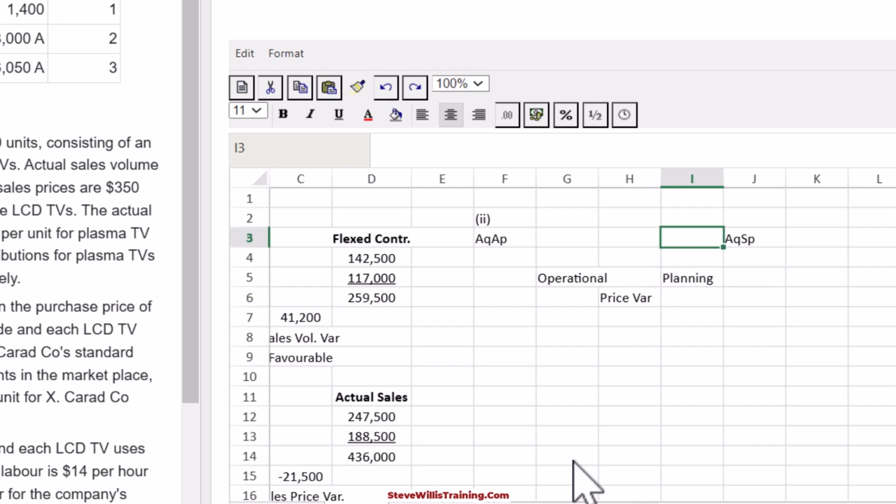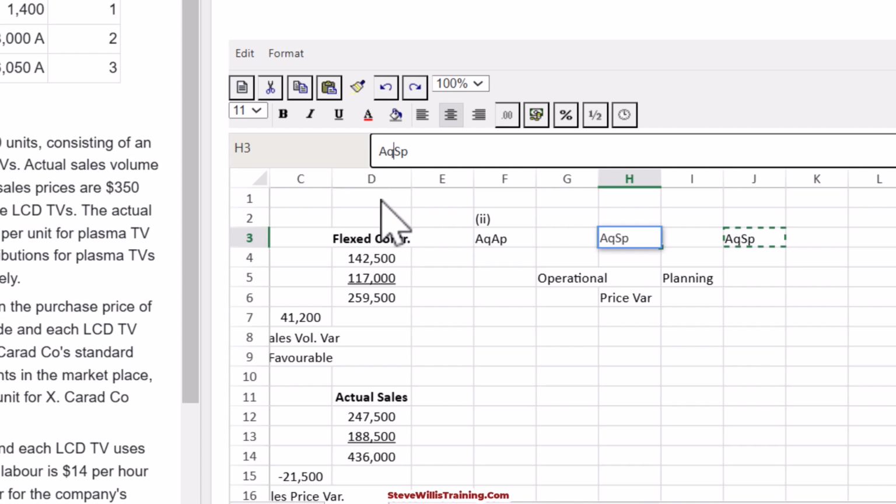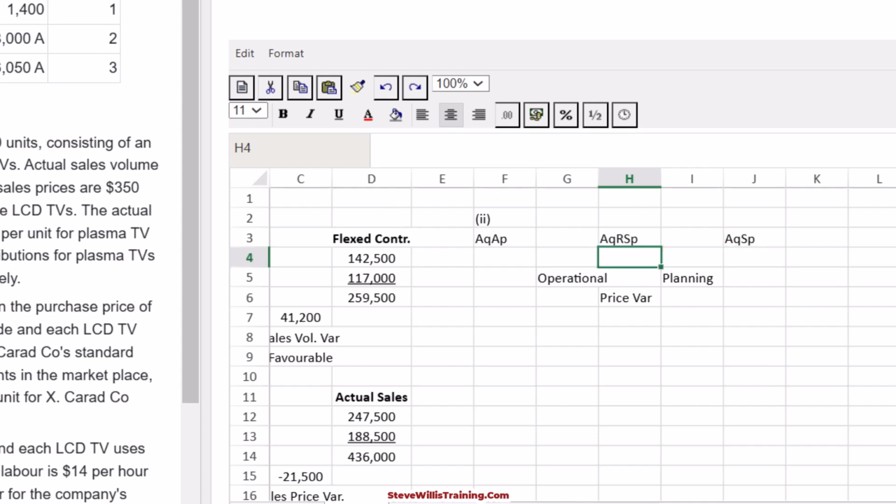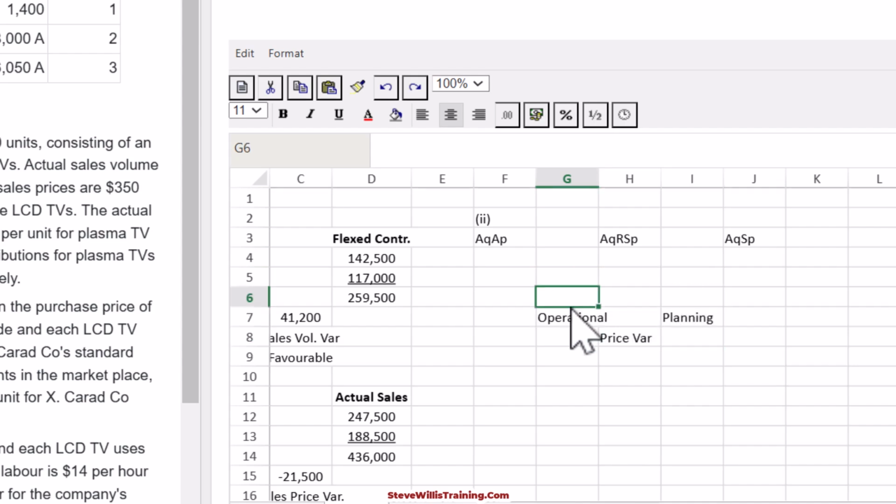And now, all we've got to do in the middle, we're talking about a price variance. So I'm just going to copy this one over here, and I'm going to change it to the revised standard price, okay? I need a bit more room to do the math, so I'm going to Control X, Control V for paste.